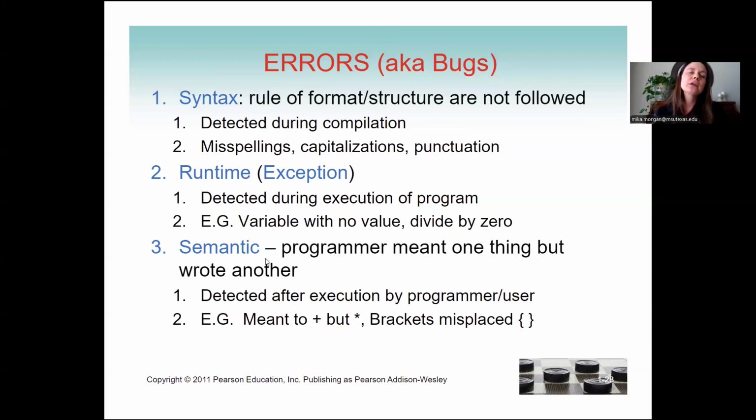A semantic error is the worst kind of error to debug and find, because a semantic error means your code works and runs and it's not telling you there is a mistake, but you logically did something wrong. And so your result is incorrect, right? For example, you multiplied when you should have added.